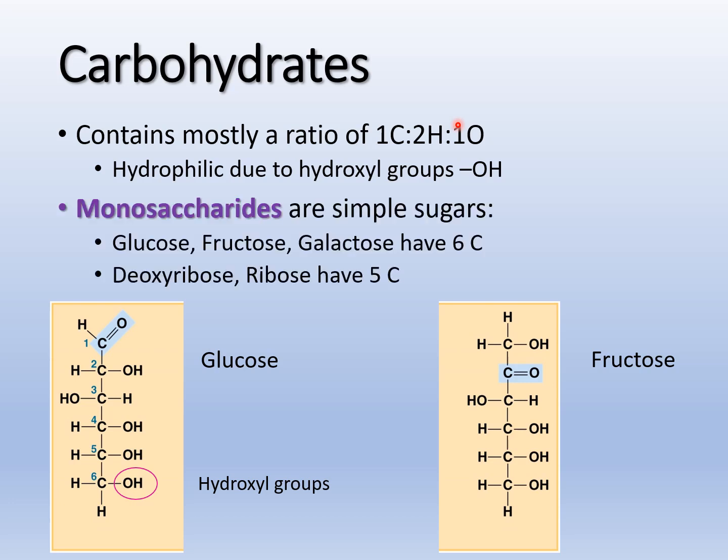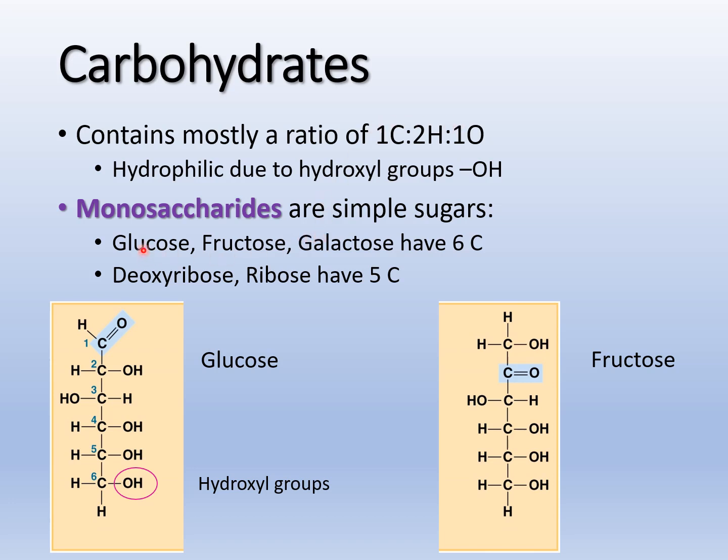Okay, so most carbohydrates, or all carbohydrates, are hydrophilic, meaning they like water, because they have that hydroxyl group we talked about. That OH functional group is going to make them hydrophilic. The first group of carbohydrates we're going to talk about are called monosaccharides. Monosaccharides are simple sugars.